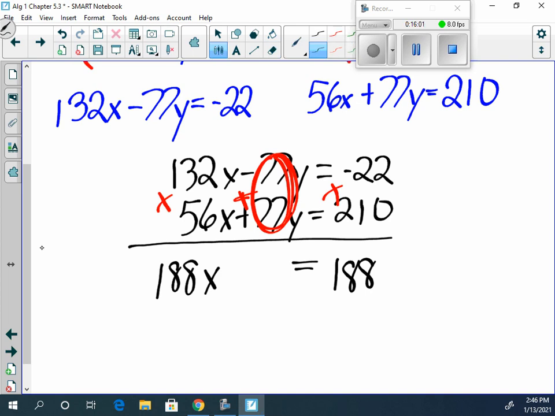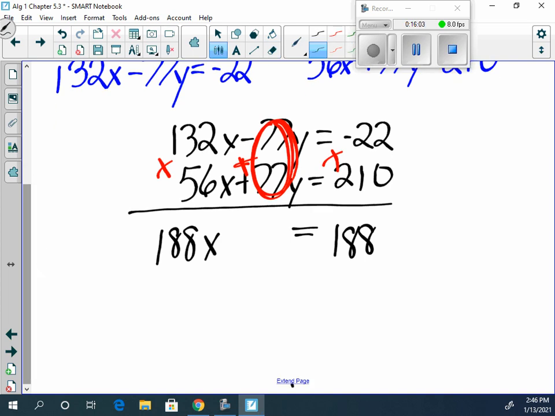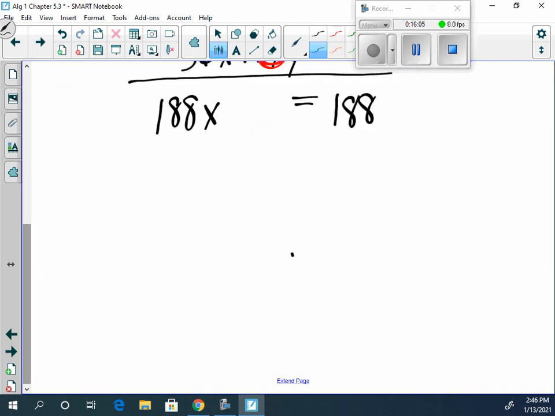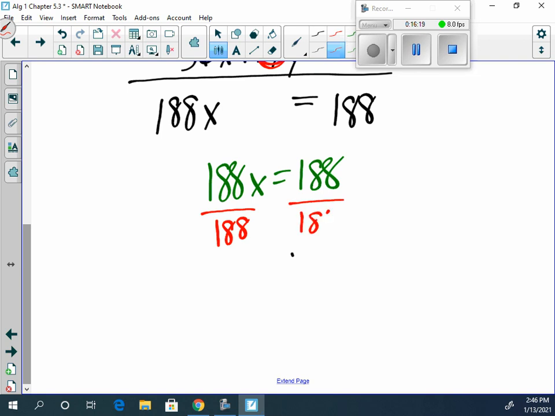Okay. Now that we eliminated y, we have that 188x is equal to, well, 188. So what do we need to do? We need to divide both sides by 188, so x is equal to 1.